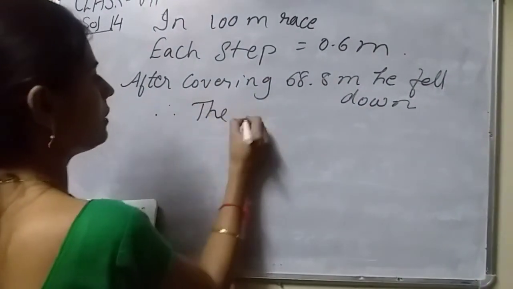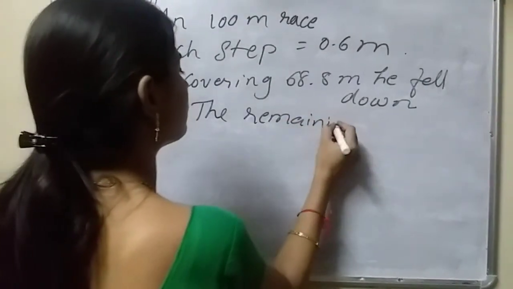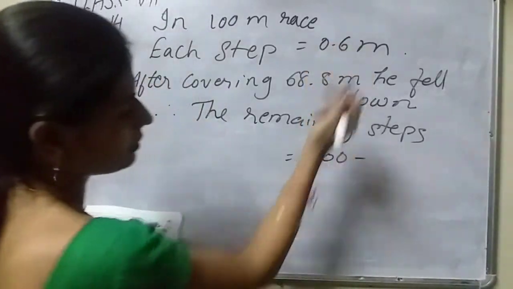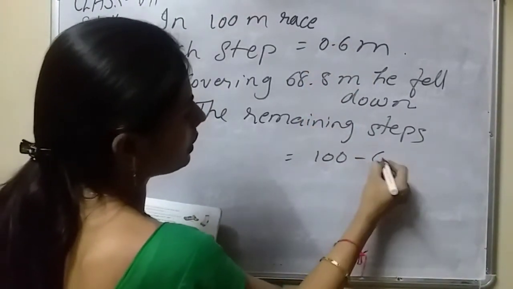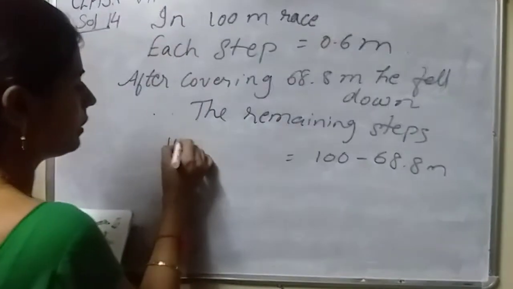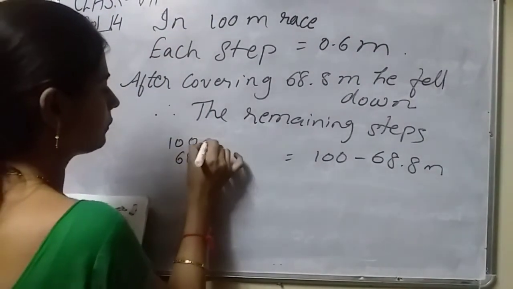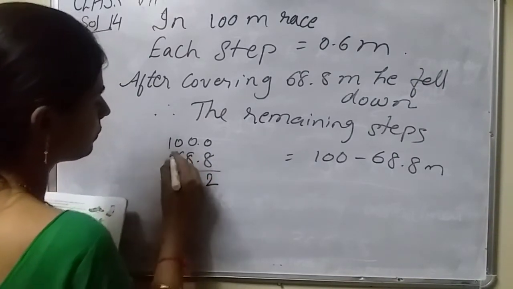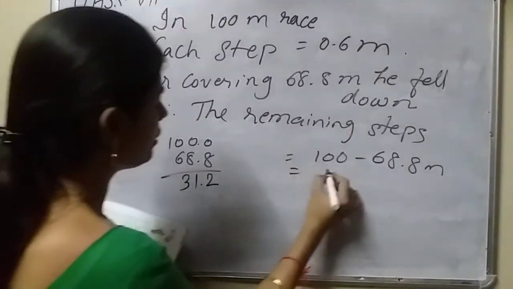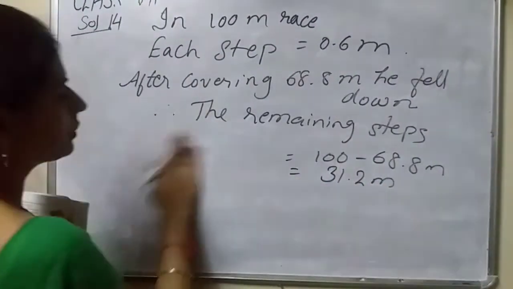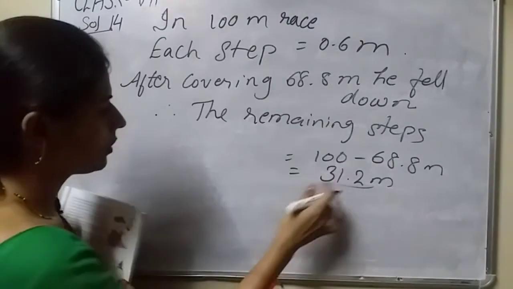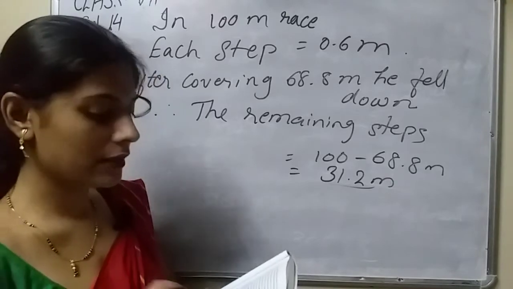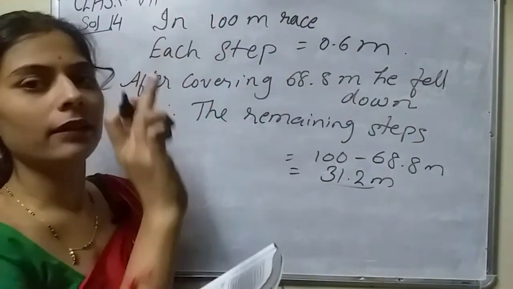Therefore, the remaining distance is equal to 100 minus 68.8 meters. Now 100 minus 68.8, that's 31.2 meters remaining. Okay. Now how many steps he has to complete from the 100 meter?